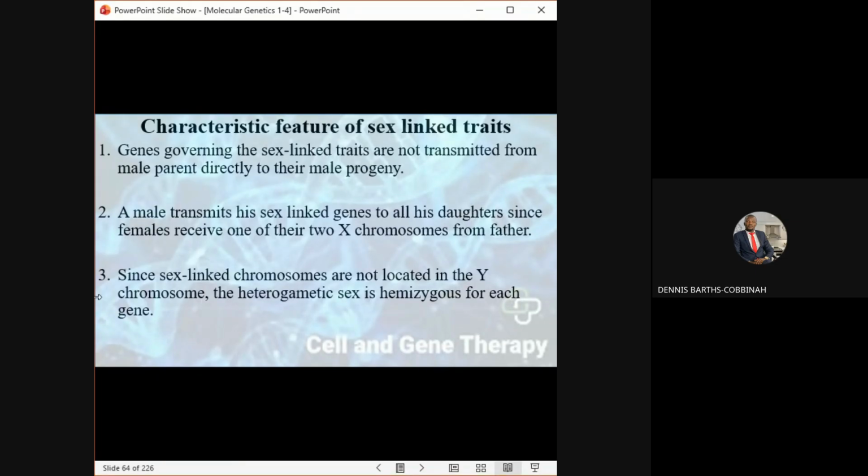But the female, since they have XX chromosomes, making them homogametic, can transfer probably the one with the non-defective X gene to the daughter. But a man has no choice than to transmit the one X chromosome to the daughter.